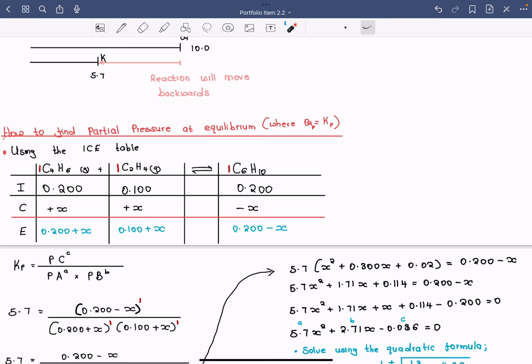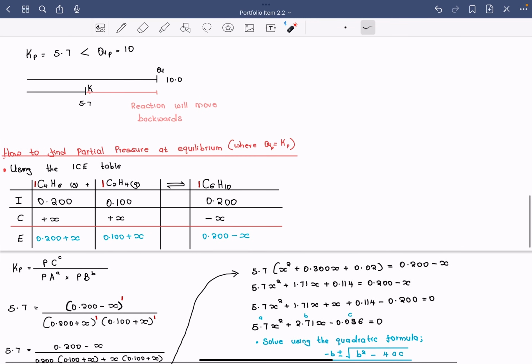And this we can do using the ICE table. The ICE table is a table that helps us find the partial pressure or concentrations at equilibrium.